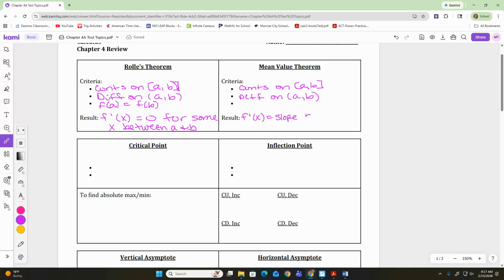The derivative is equal to the slope between the endpoints for some x between a and b.